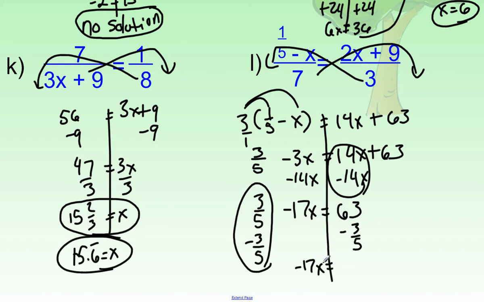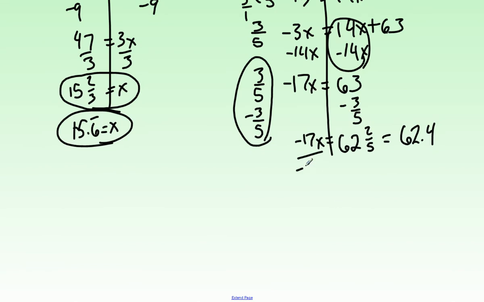See, 63 minus 3/5 would be 62 and 2/5. Which, if you like decimals better, would be 62.4. Might be easier for plugging numbers into the calculator here, which we probably will be, because I have no clue what we get if we divide this thing by negative 17. I know it's going to be a negative.